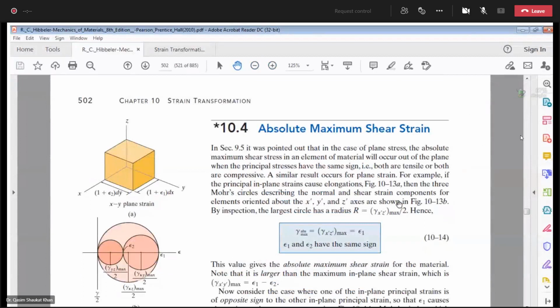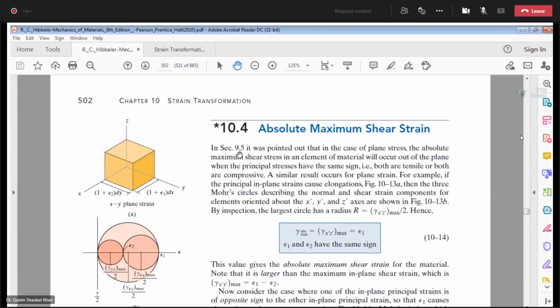Absolute maximum shear strain: in section 9.5, that was about the absolute maximum shear stress.